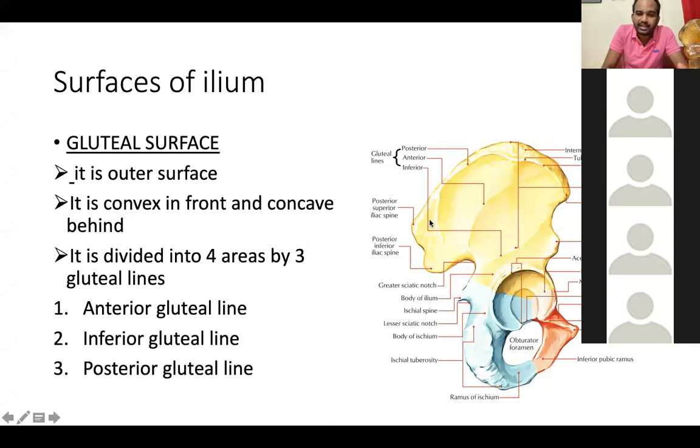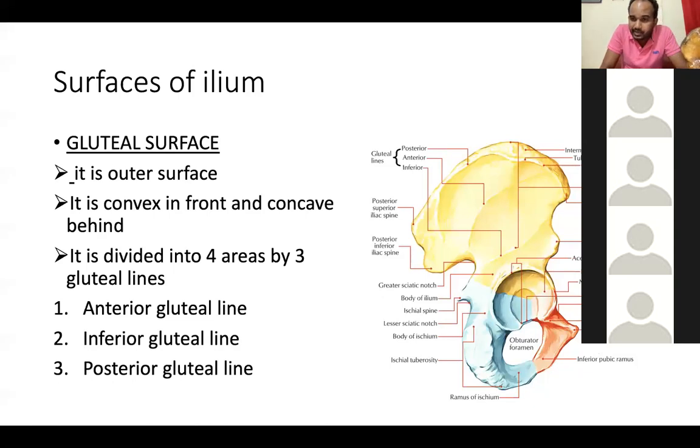Gluteus medius is a muscle which takes origin between the posterior gluteal line and the anterior gluteal line, this area. What muscle? Gluteus medius, very good. Gluteus minimus will take origin between the anterior gluteal line and the inferior gluteal line. Is it okay? Yes, sir.